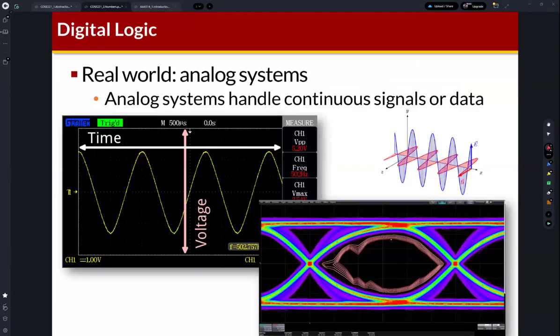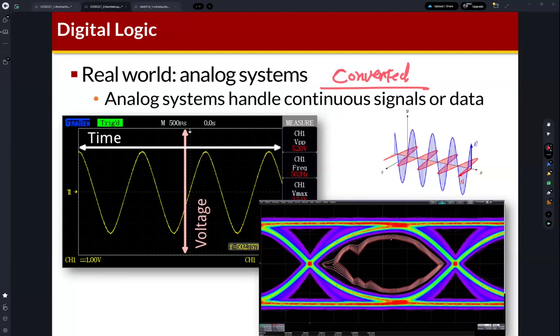Which means that, since we are living in the real world, which is an analog world, analog signals need to be converted. Converted means that they are transformed into digital numbers or binary numbers.